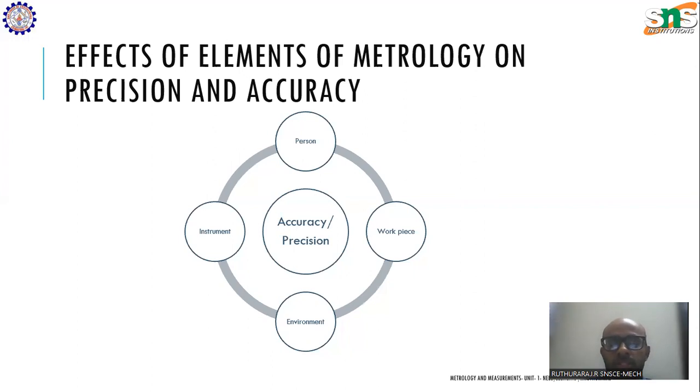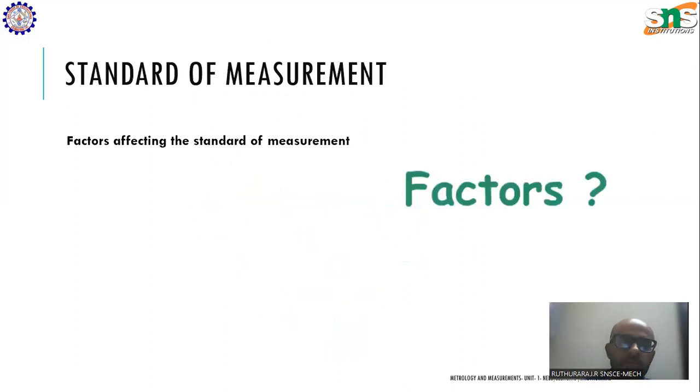It depends upon the type of measuring instrument we are using; least count is a contributing factor. Then the environment in which we are measuring. We'll discuss each of these in detail. And then the workpiece, which type of workpiece we are measuring. These four factors majorly contribute to precision and accuracy.